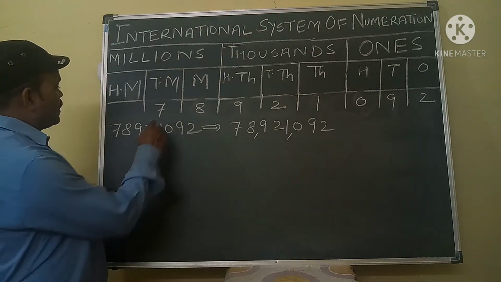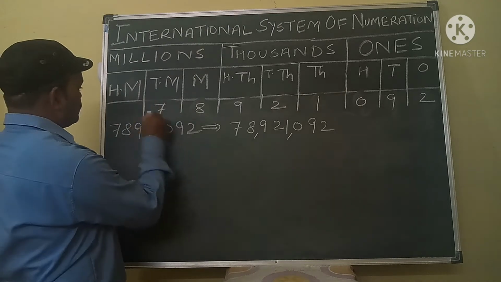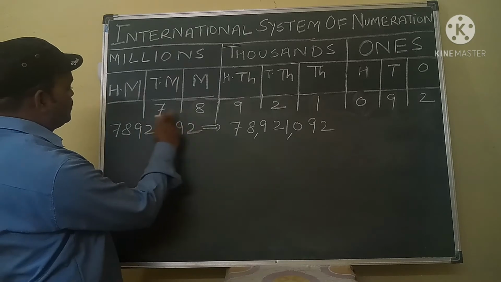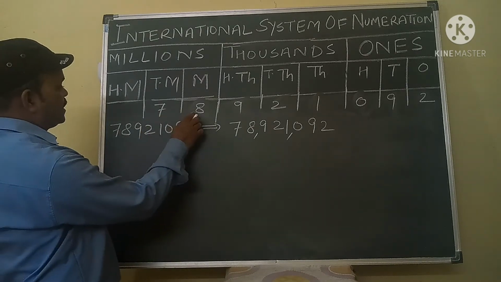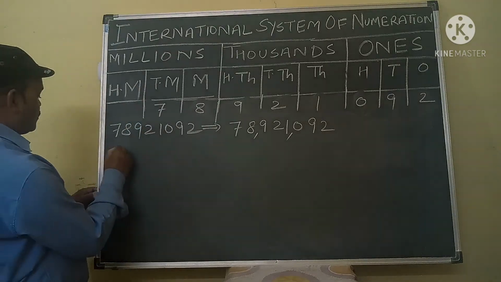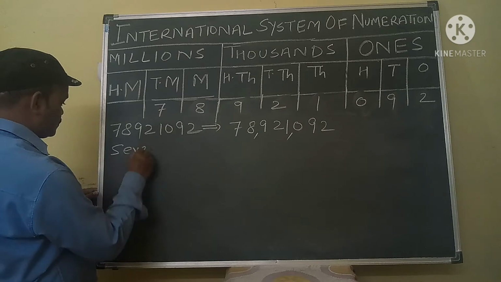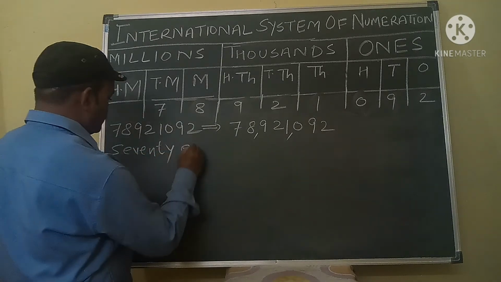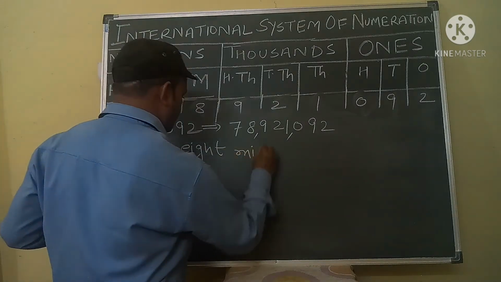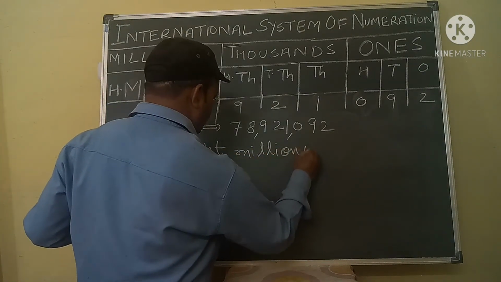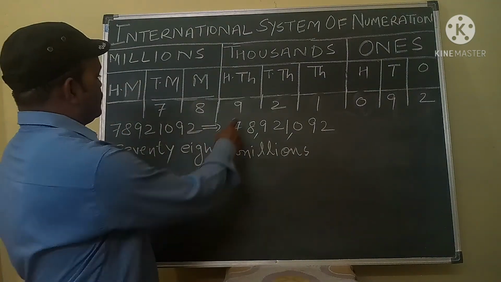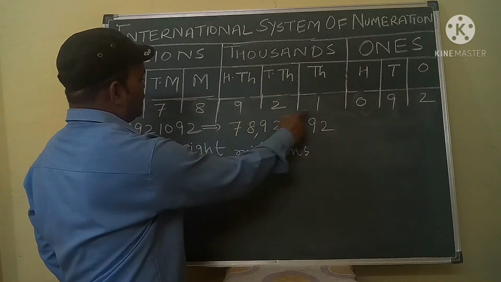As you are looking, this is 78. 78 is in the millions group. So how can you write? Now look here. 78 million. 921, this is 921.